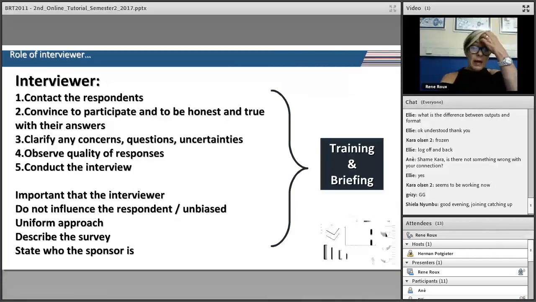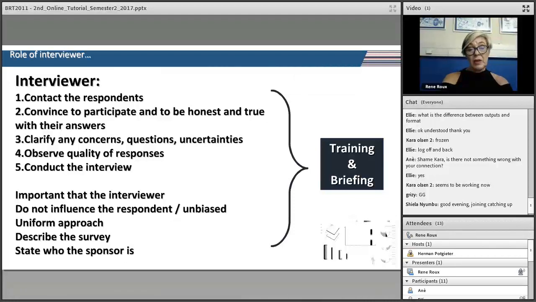And the interviewer in quantitative is also very, very important. An interviewer needs proper training, and before you conduct a survey, you need to brief the interviewer. Why are you doing this survey? Who is the target market? How do they approach it? How should they ask the questions?